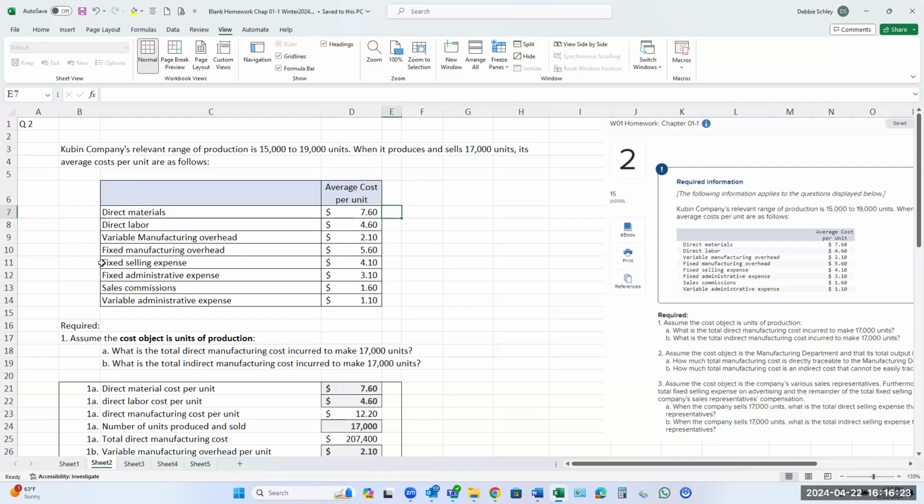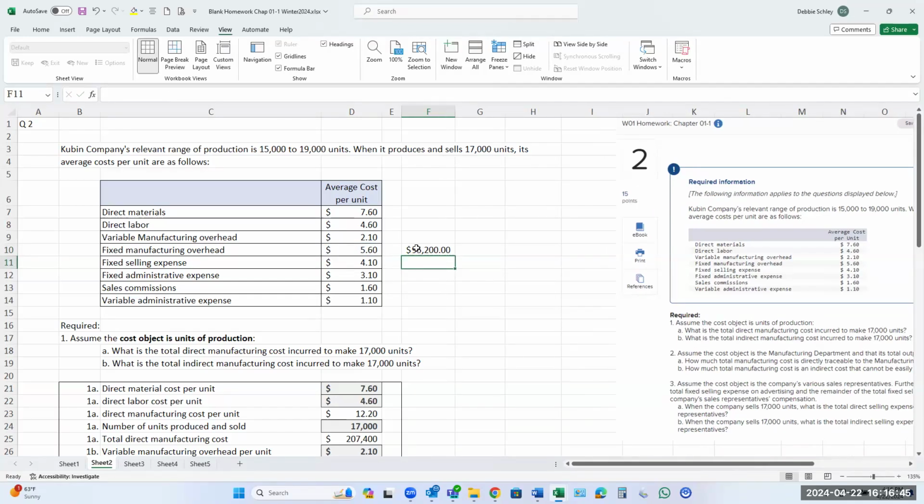For any fixed cost, multiplying this individual unit cost by this original 17,000 units will get you back to the number that they started with. So if I took 17,000 times $5.60, that tells me they started off with a fixed manufacturing overhead cost of $95,200.